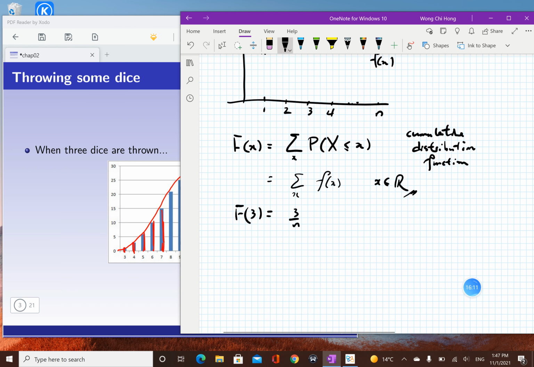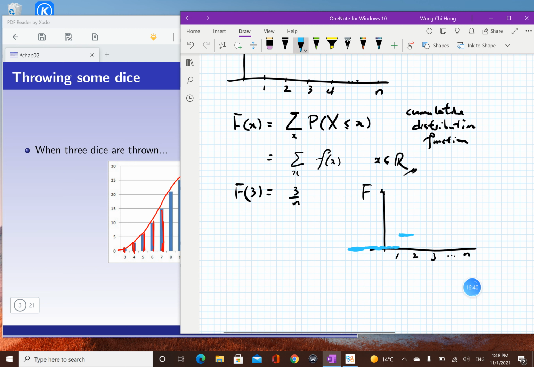So in this case, my function for big F would go like this. I'll change the color. It would have been 0 all the way from here. And when x equals 1, it goes here. Okay, I've got 1, 2, 3, all the way to n. When x goes to 1, it starts to have some value like 1 over n.